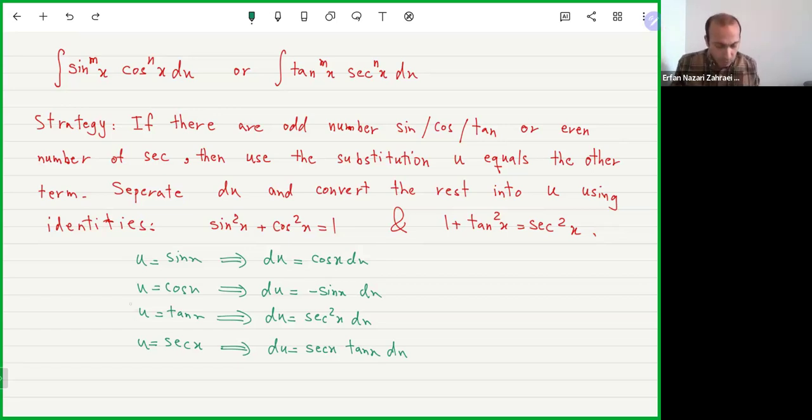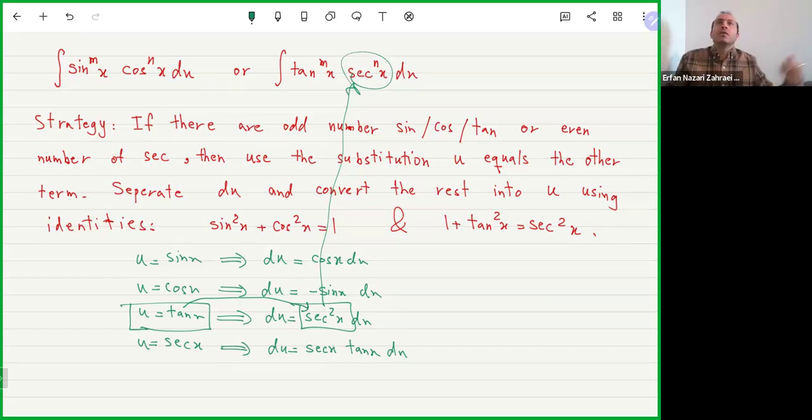If you want to use, for example, this substitution, check derivative of tangent. It has even number of secant, and check if you have even number of secant here or not, then you know if it works or not. Whatever you prefer between these two things.